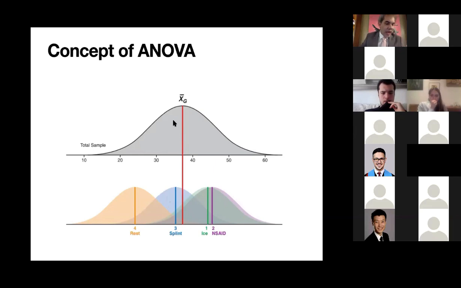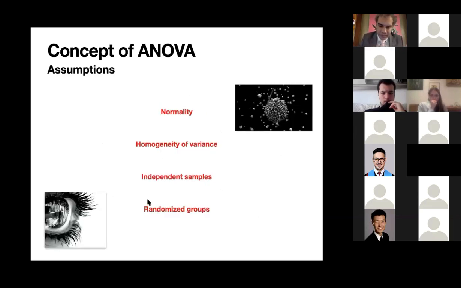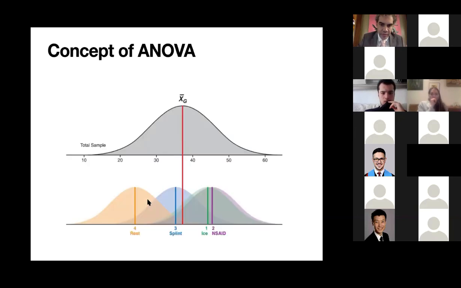And what is ANOVA? ANOVA is nothing more than comparing the difference of the grand mean with the group means. So it's like having the variance of the group means to the grand mean.